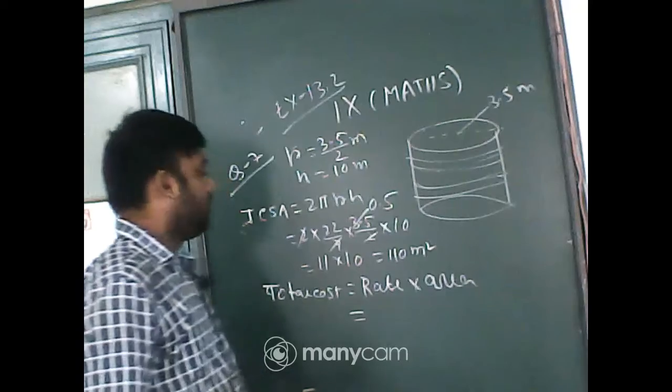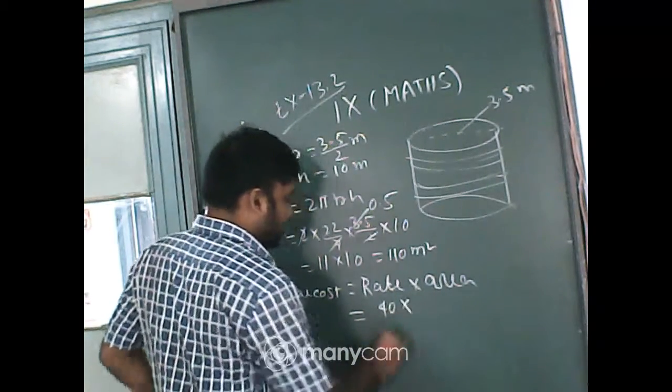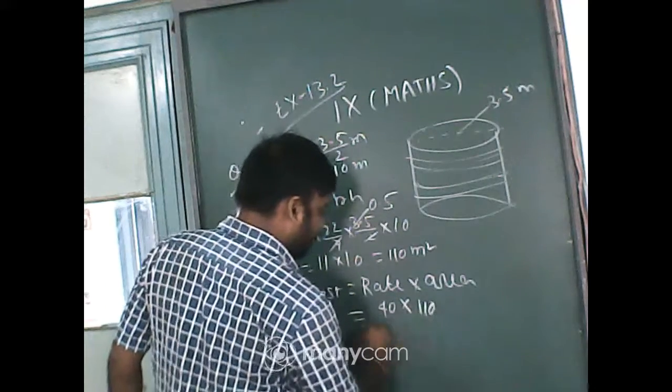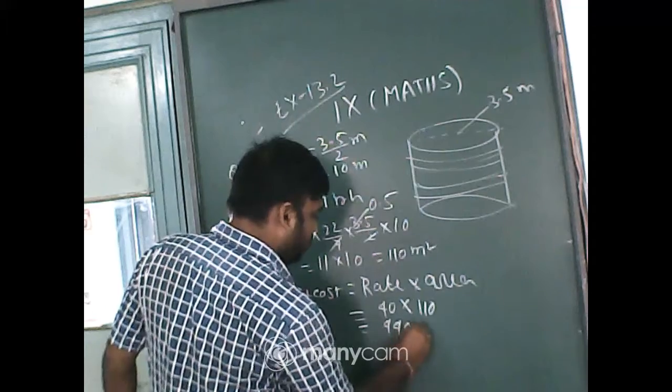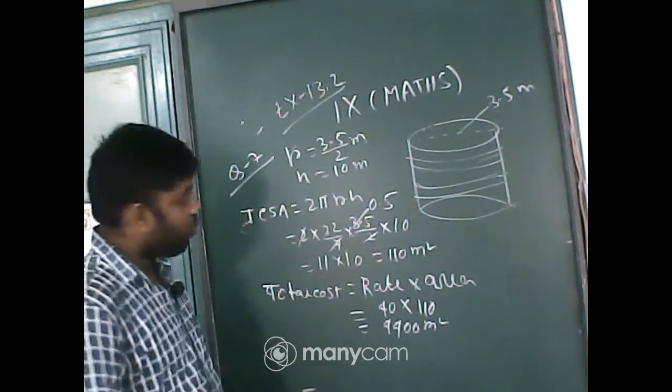Rate means rupees 40 per meter square, and area is 110, so 4400. It is the cost of plastering.